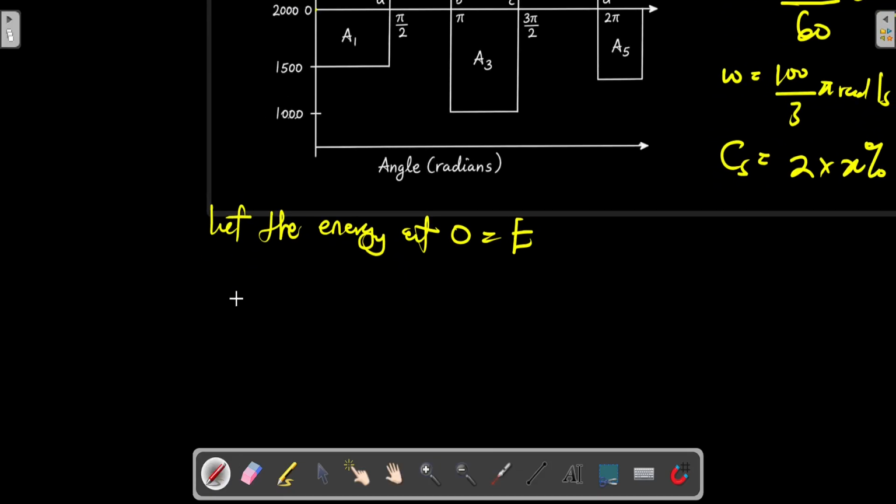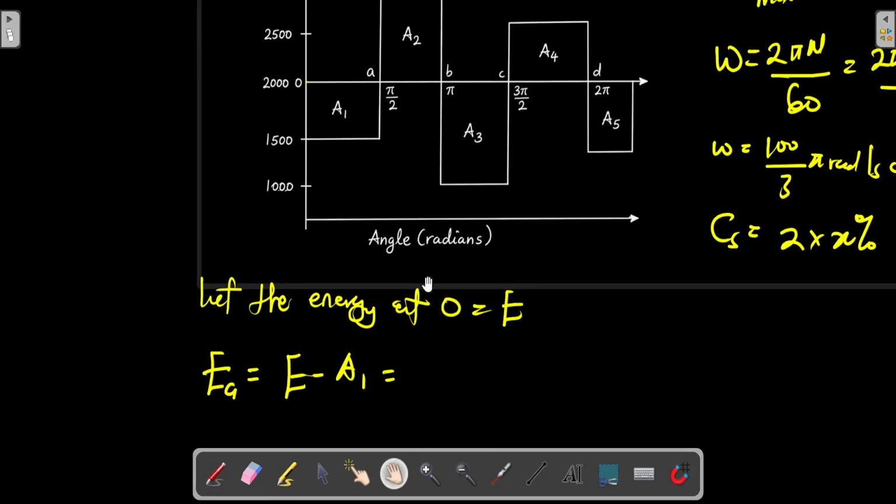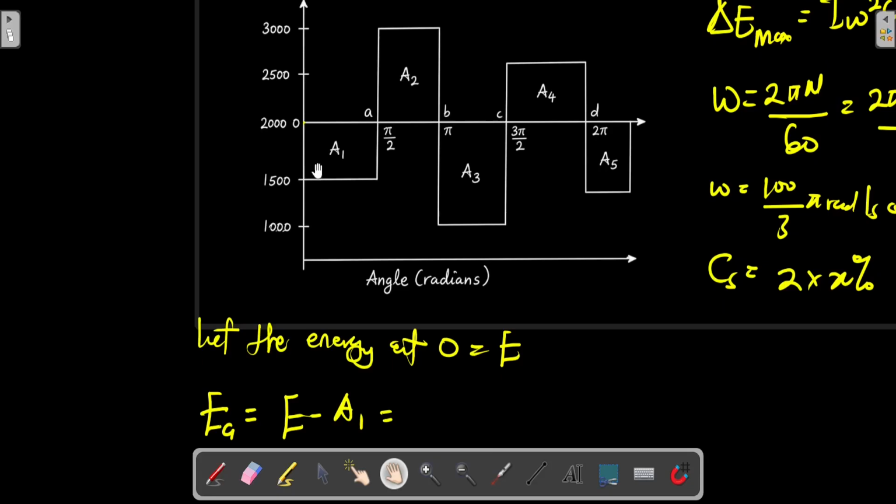So the energy at A, E subscript A, will be E minus A1. Now, what is A1? We can go ahead to find A1. For this particular area, it looks exactly like the area of a rectangle, so it will be the length times the width. Now, what is the length? The length is pi on 2 along the radian axis, or the crank angle axis.